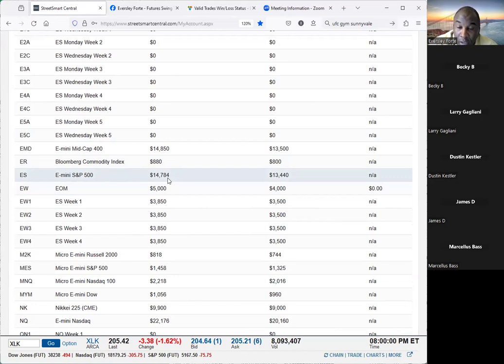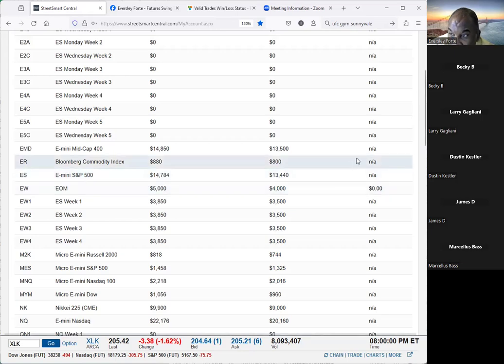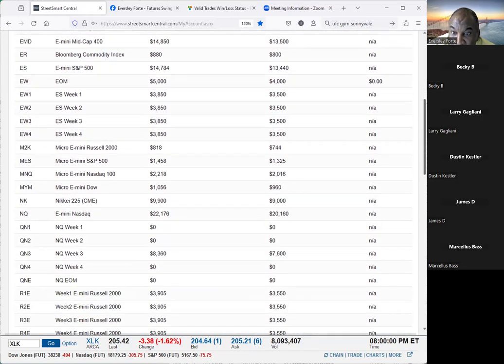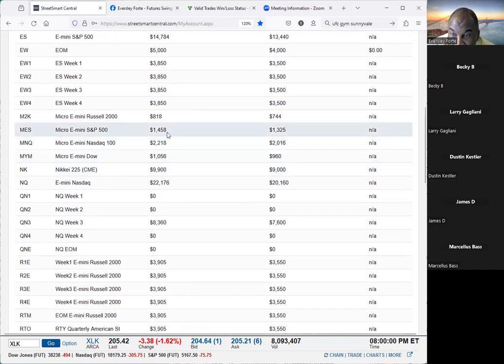one contract. If you were trading two contracts, you would need $29,000 something to swing trade two contracts. Just minimum just to open two contracts. The big advantage is that we also have the micro version, which is 1/10 the size, $1,400 to open one contract. Okay, so that's the same thing with the NASDAQ and the Dow. It is 1/10 the size.